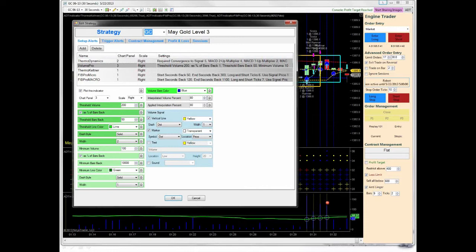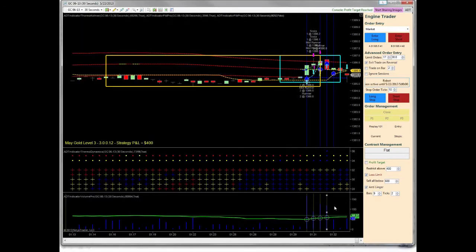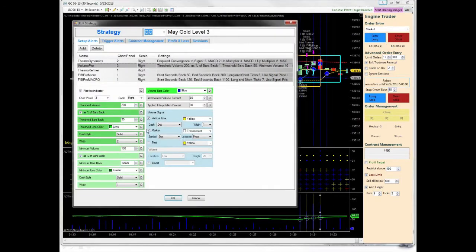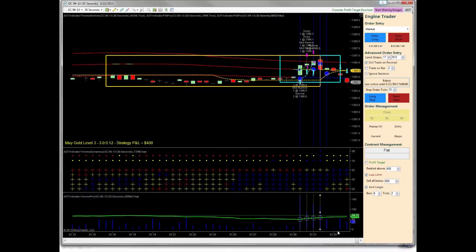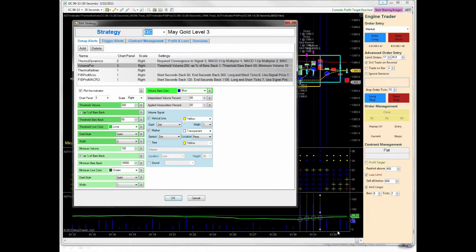You can see that that does happen if you look back on the chart right there. And give me a transparent dot at the price location. And right at that point, that's where I get my dot. So I know that that signal happened.